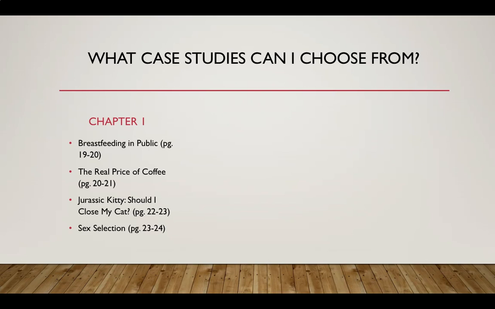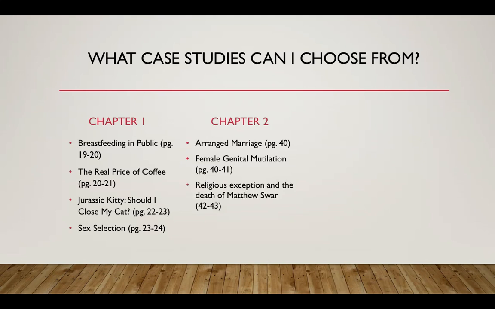We'll remember from class that we worked through breastfeeding in public as one of our case studies. You're certainly welcome to do this one or any of the others if any of those speak to you more. In chapter 2, arranged marriage on page 40, female genital mutilation on pages 40 and 41, religious exception and the death of Matthew Swan on pages 42 and 43, and women in the Middle East on pages 43 and 44.